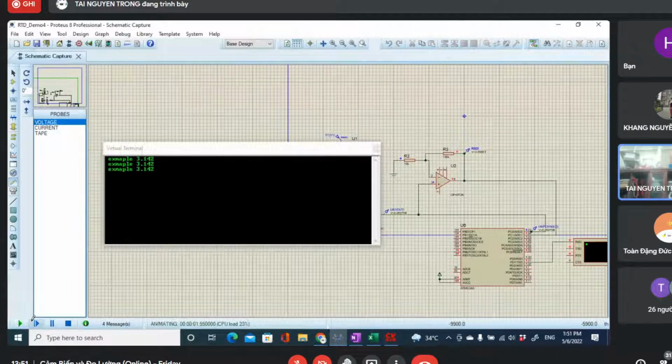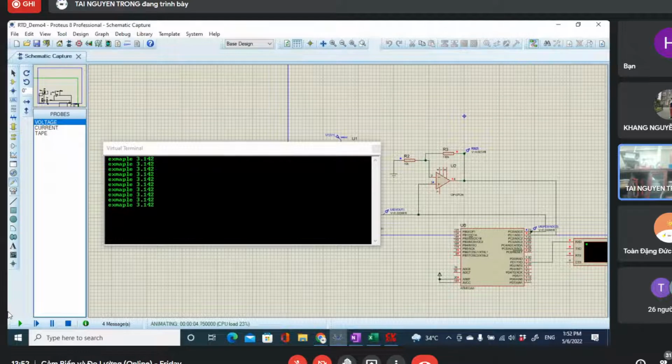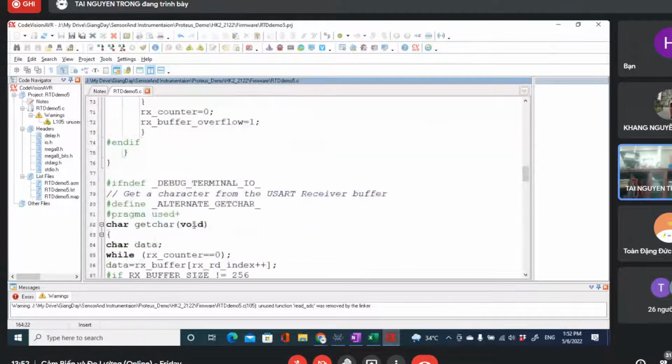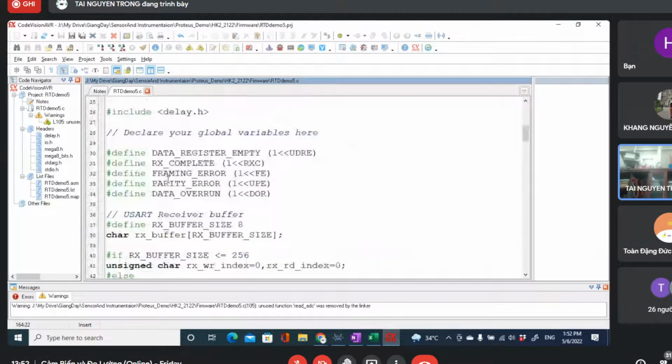Okay, now it's displayed. I don't know what happened, but sometimes it makes the text capitalized. Then I will take a calculation for ADC and voltage and temperature.